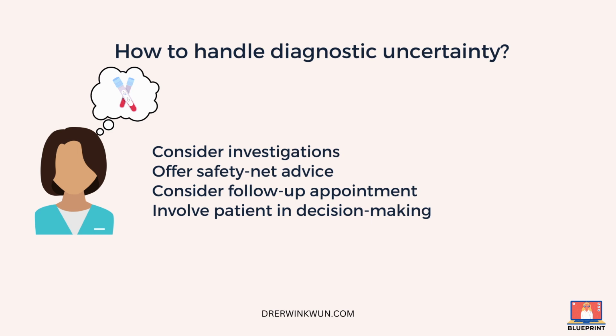There are times when things can develop later. So if you have safety net advice for the patient, then the patient will know what signs to look out for, what the red flags are, and then they can represent so that they can have another assessment if things have changed. And then consider a follow-up appointment.